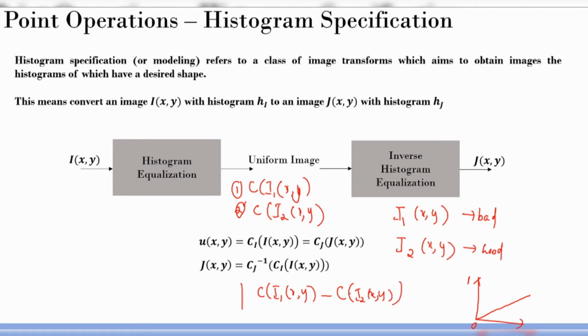So basically the error between them can be absolute error or mean square error, no problem. And what you essentially find out is how close I can make the cumulative distribution function of this guy, how closer you can make it to this.